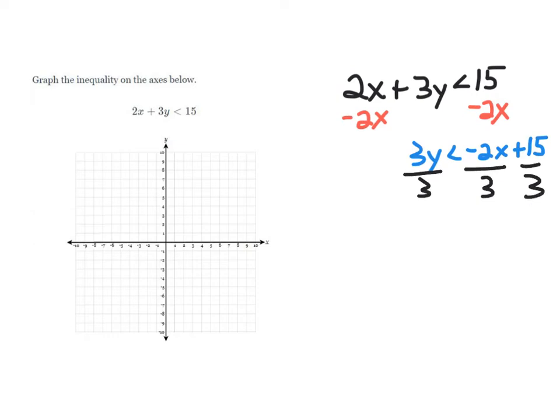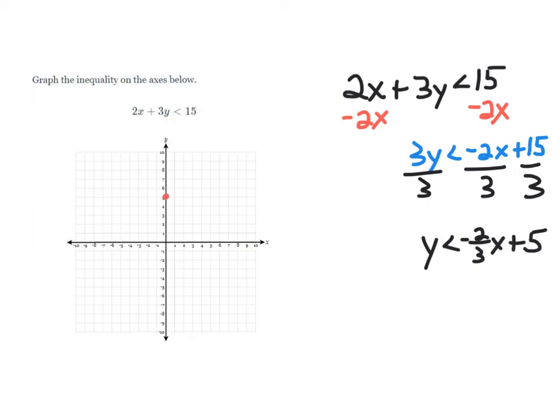And when I divide all of it by 3, my inequality is y is less than negative 2/3 x plus 5. That means my y-intercept is (0, 5).